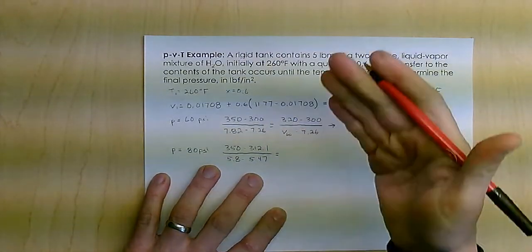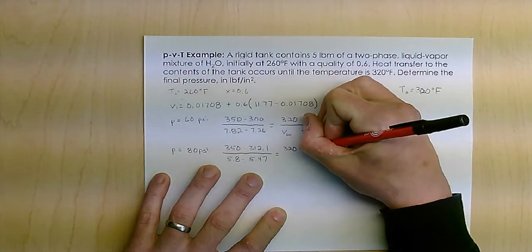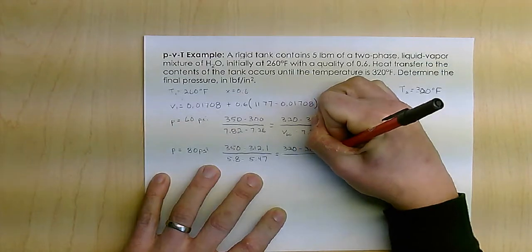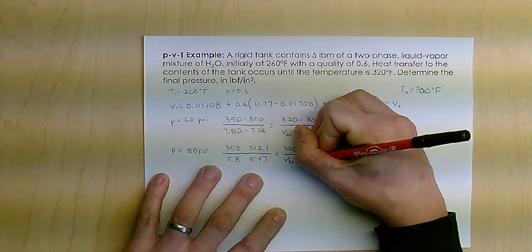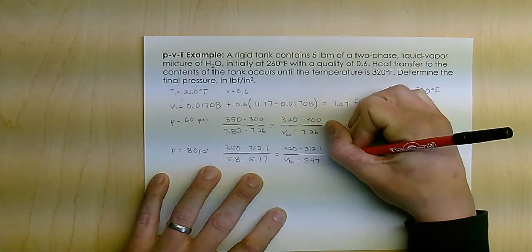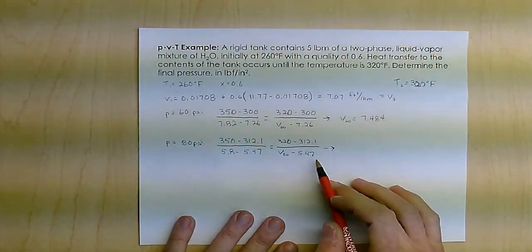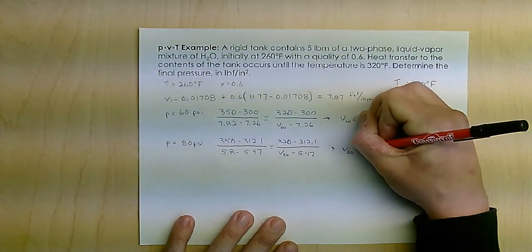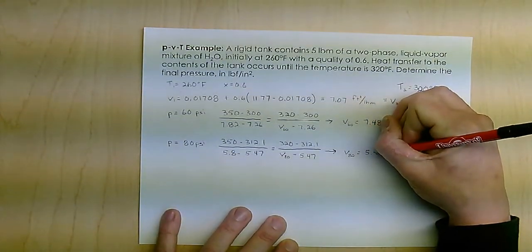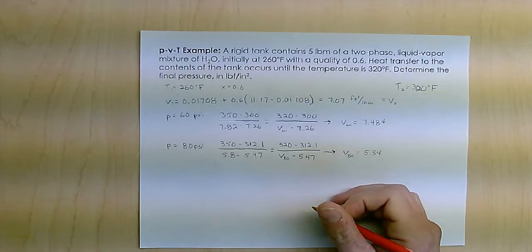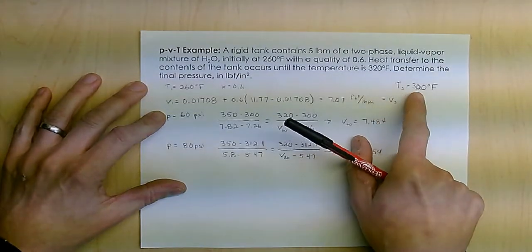Then I set that up with my actual temperature, which again is 320 minus 312.1, all over the difference. Then I want the volume associated with that 320 at 80 psi, minus 5.47. So I set up my slopes, my equivalent or similar triangles, and I can calculate V80 equal to 5.54. So now I have the volumes at 60 and 80 psi at 320 degrees Fahrenheit.